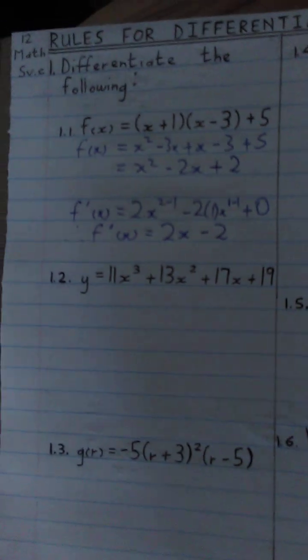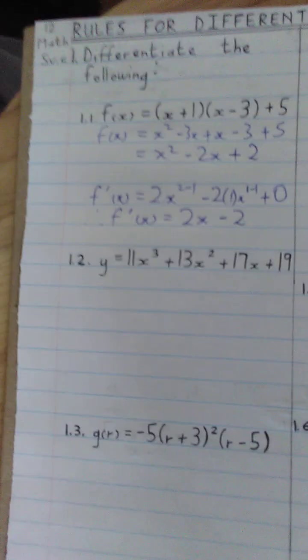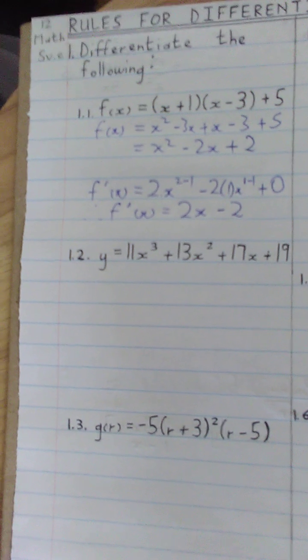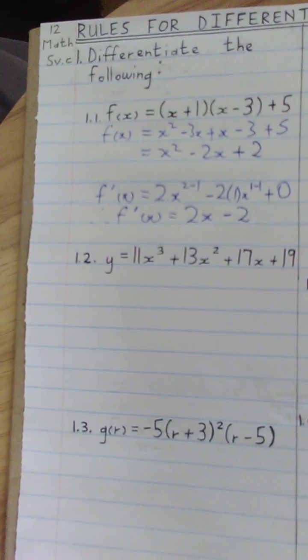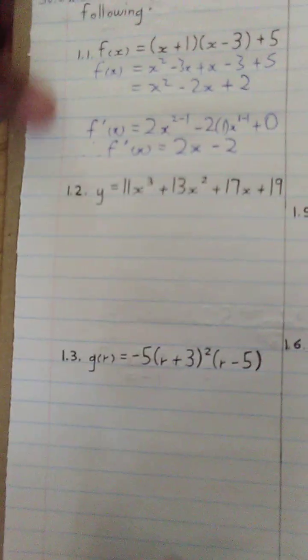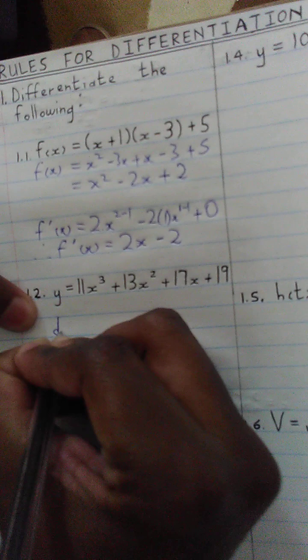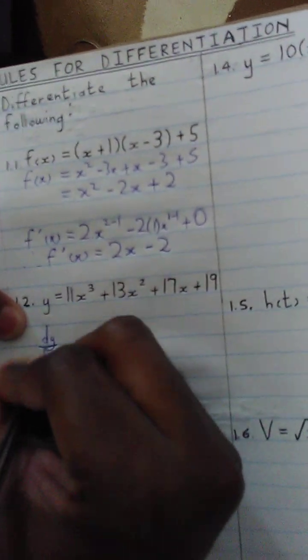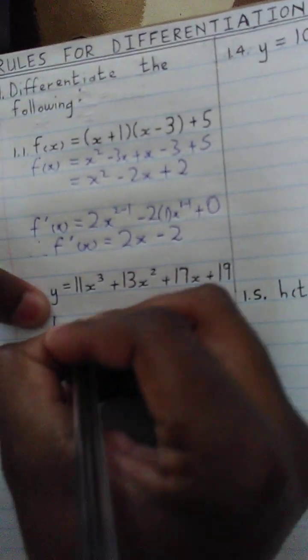Okay. 1.2 we have y is equal to 11x cubed plus 13x squared plus 17x plus 19. Right? So it's already simplified. So all we need to do is just calculate the derivative of y with respect to x.